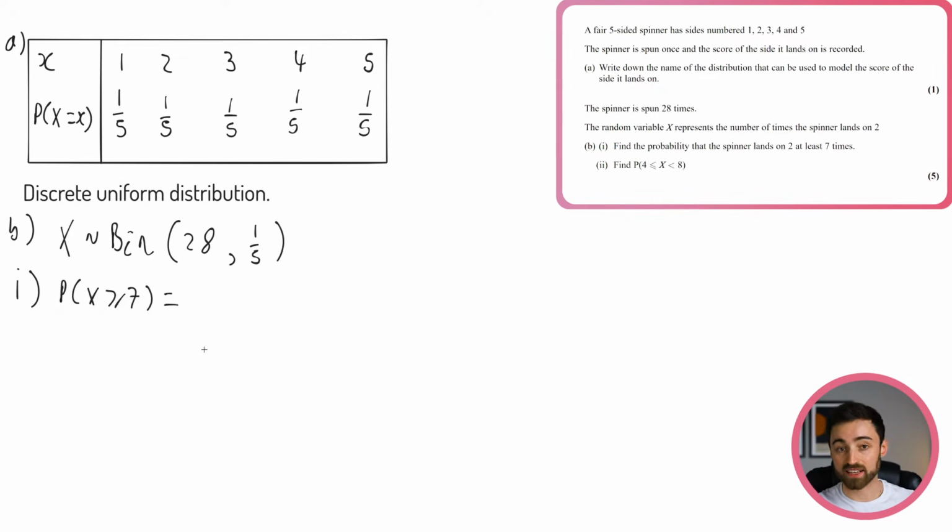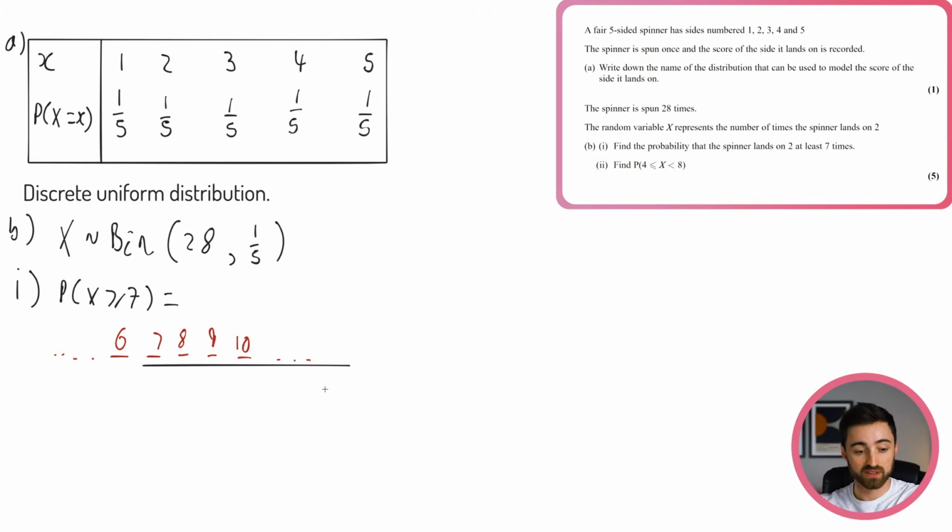Now, you can use your calculator for this. My calculator only gives me less than or equal to probabilities. So what I need to do is the following. I need to say, okay, well, it's a discrete distribution, right? It can be 7, 8, 9, 10, etc. So let's say you got 6, 7, 8, 9, 10, and so on. I want all of this, don't I?